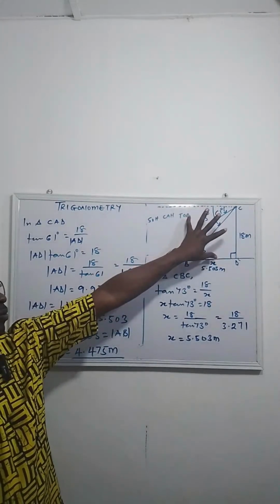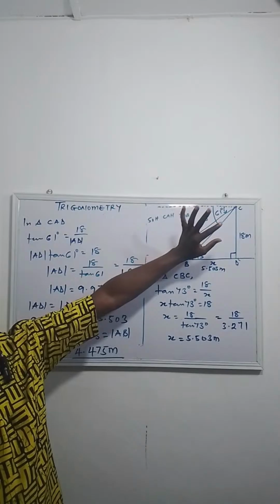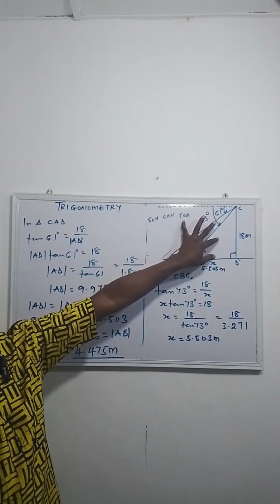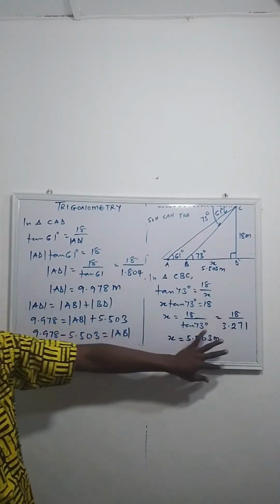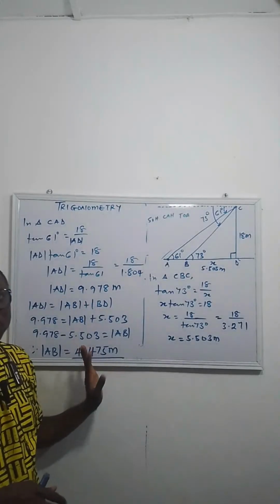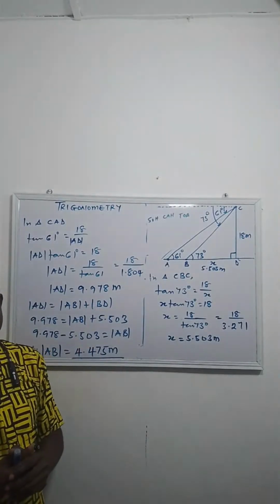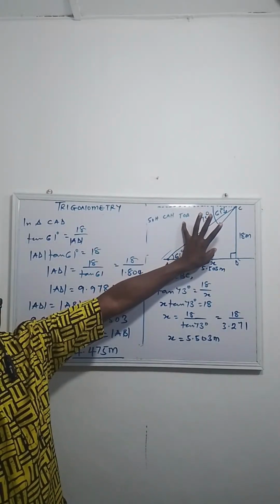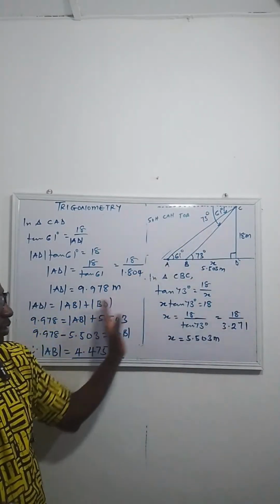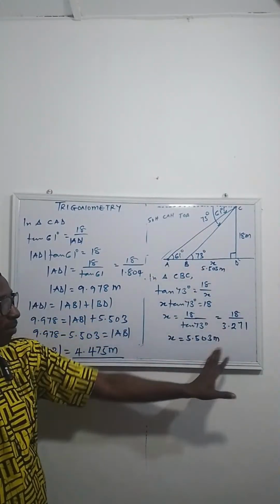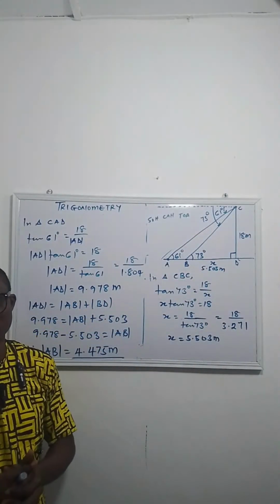There's always mark awarded to the diagram. Once you score 0 in the diagram, even if all the solutions here are correct, you'll be given 0, because you need the diagram to be correct to solve all of this. So once it is wrong, you have scored 0.